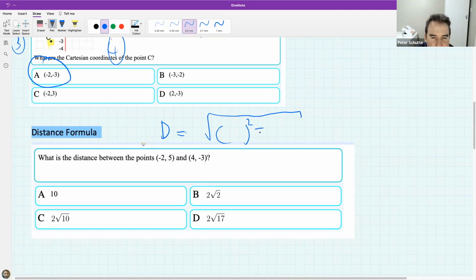So we know it would have this basic structure. What do we get for our answer for this one?